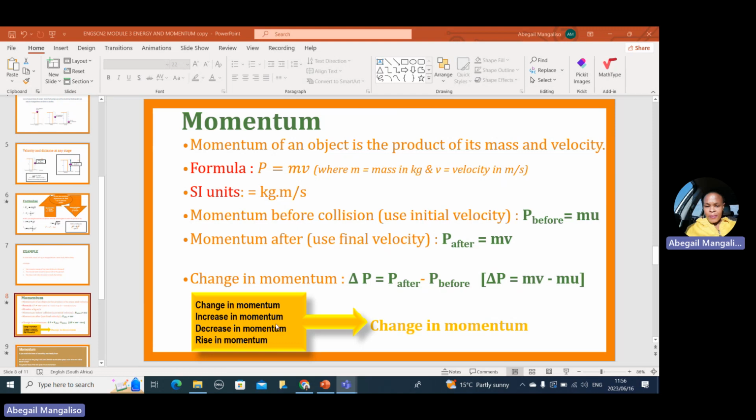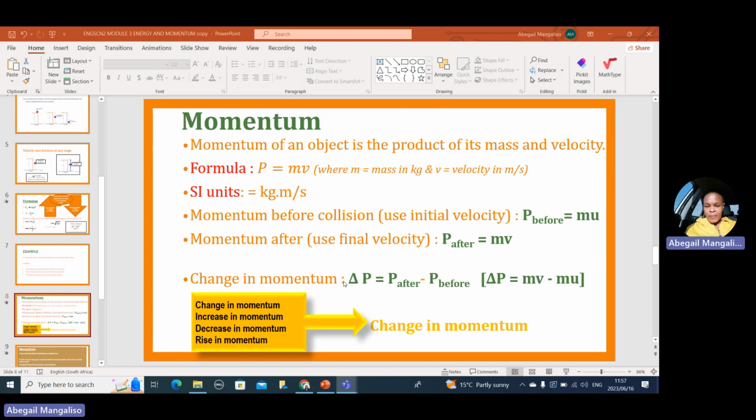Another name that can be used for a change in momentum is an increase in momentum. If an object is increasing its velocity, its momentum is also increasing because velocity is increasing. So it can also be called an increase in momentum. If an object is decreasing its velocity, it can be called a decrease in momentum.